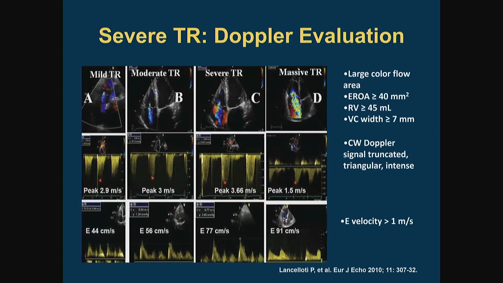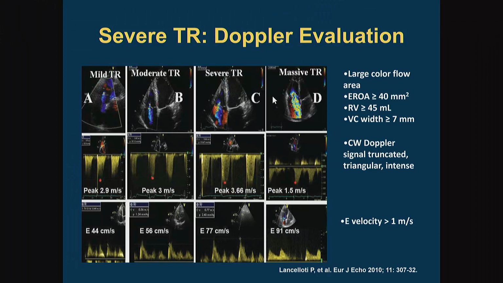On Doppler examination by echocardiography, the figure here depicts patients with mild, moderate, and severe tricuspid regurgitation, as well as a patient with massive tricuspid regurgitation, with the continuous wave Dopplers and the pulse wave Doppler of the mitral inflow.